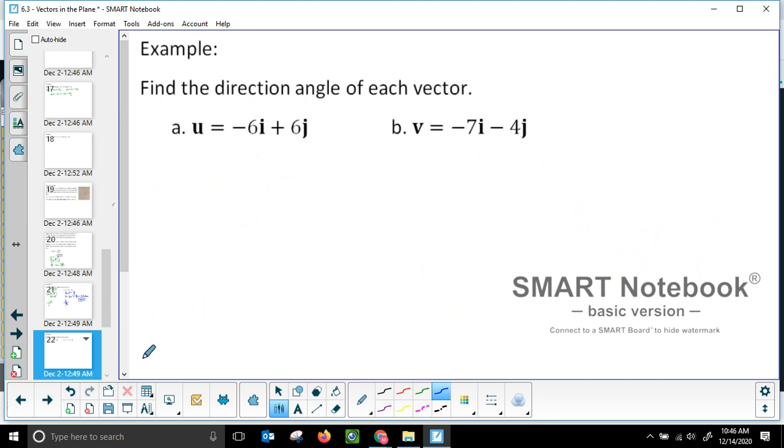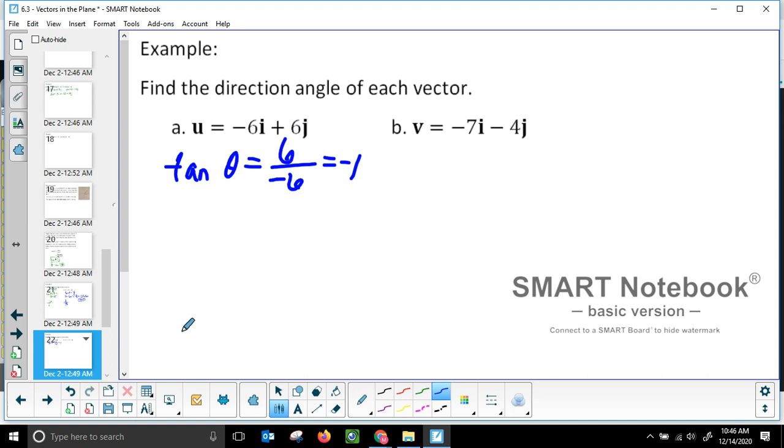Okay. So I'm not going to go ahead and do all of these. Let's see, (-6, 6). Okay, I will do this one here. So again, I know that tangent of theta is equal to b over a, which is negative 1.